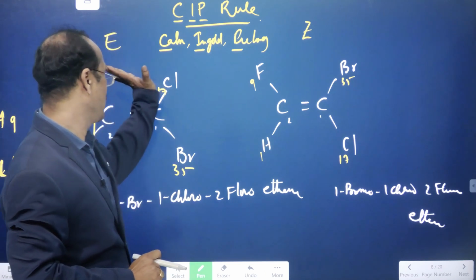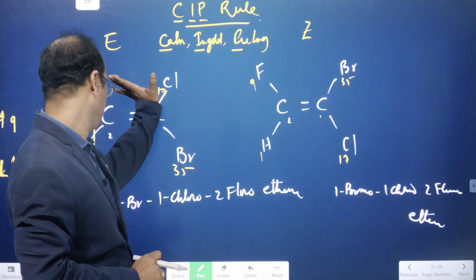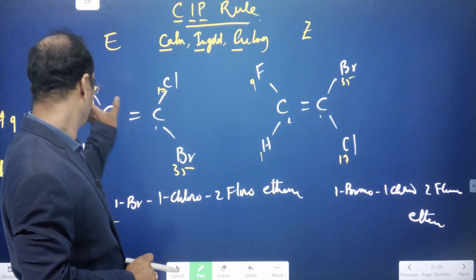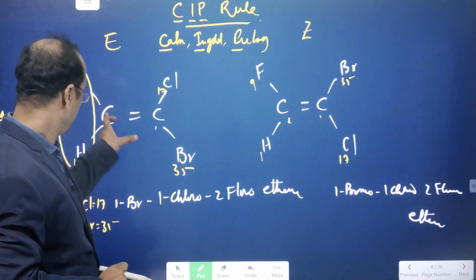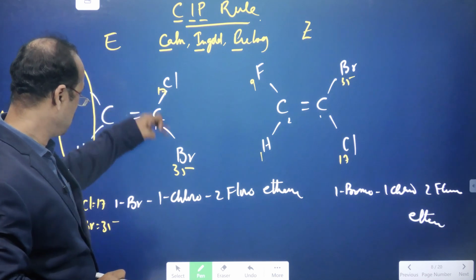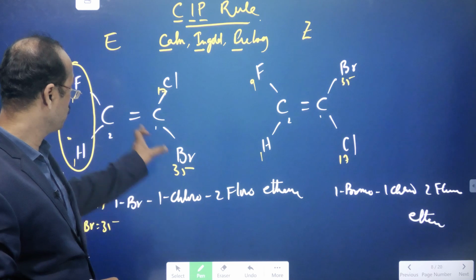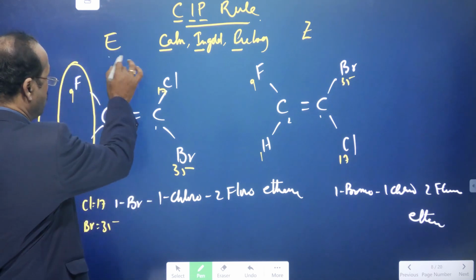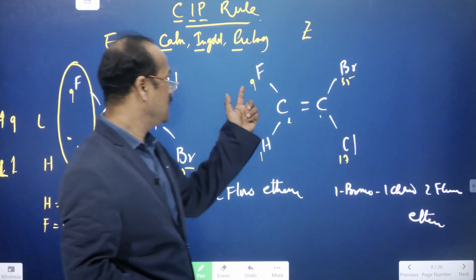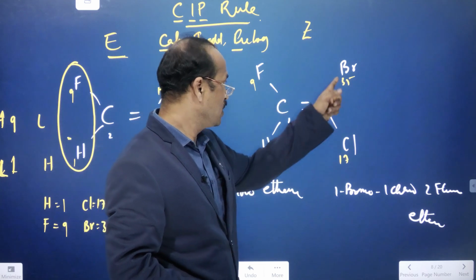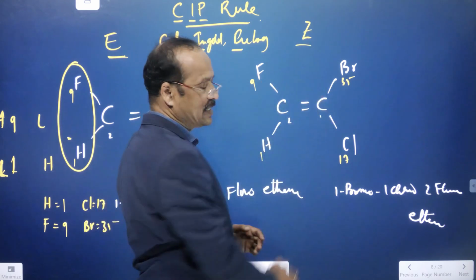If the higher groups are on one side... here these are on opposite sides. Here 9, 1 and 9, here 17 and 35. Here the higher is 9, here the higher is 35. If these both are opposite, this is called E notation. And here 9 is higher, and in these two 35 is higher, both on one side, this is called Z notation.